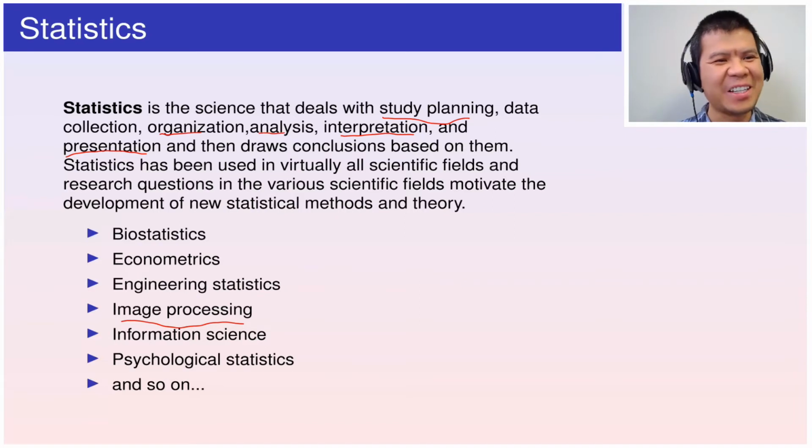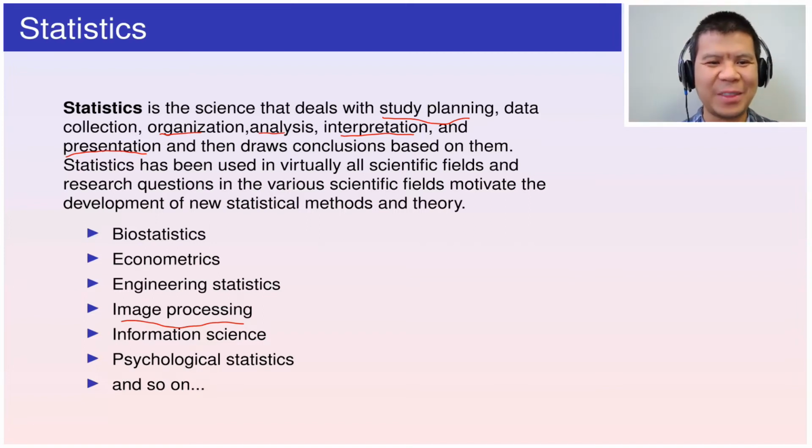There are so many different scientific fields involved with statistics, and they grow and develop together with statistics. So that is a picture of statistics: what statistics is and how it relates to other scientific fields.